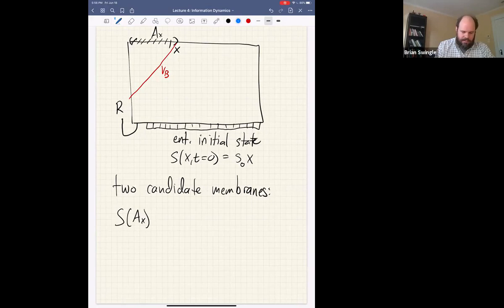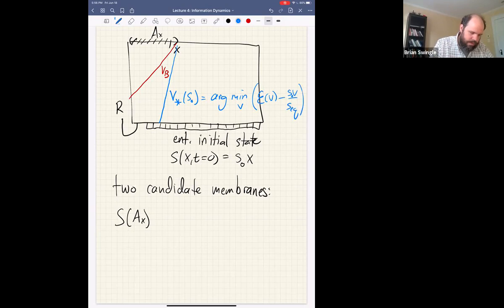And the other curve is one that has a lower slope. This is V star of S naught, which is argmin, so this is the minimizer.